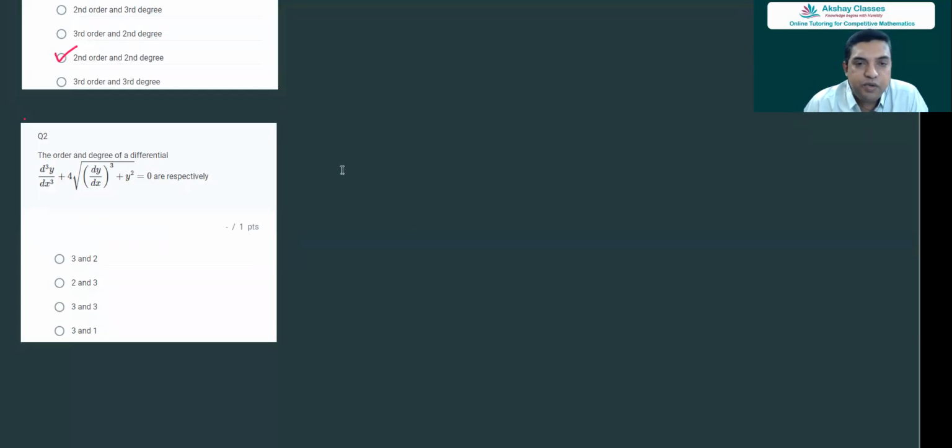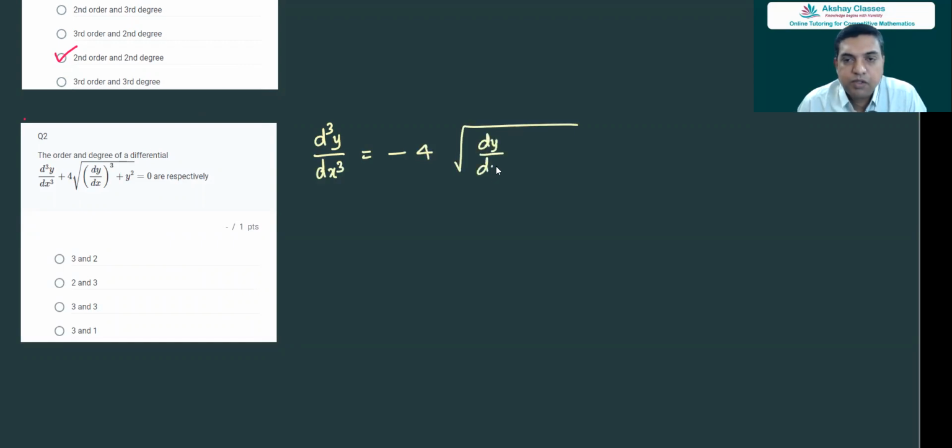First thing we need to do is to eliminate the radical sign of the differential equation. So it must be free from radical signs.